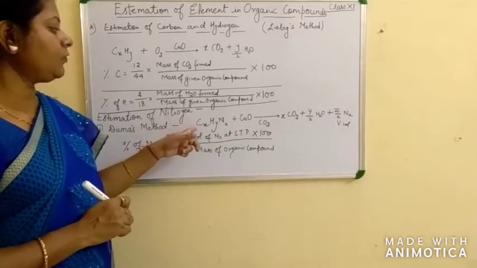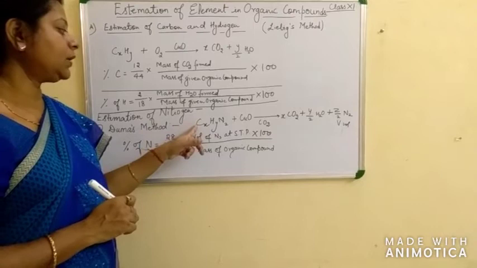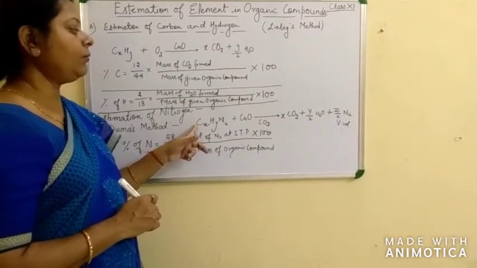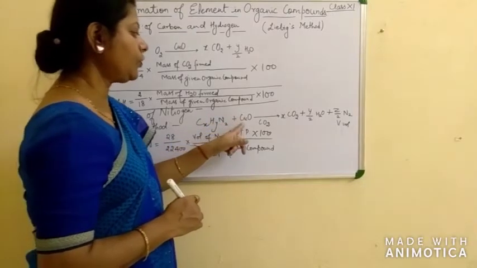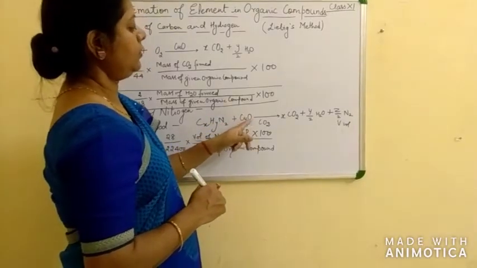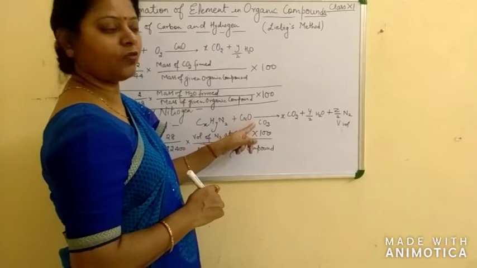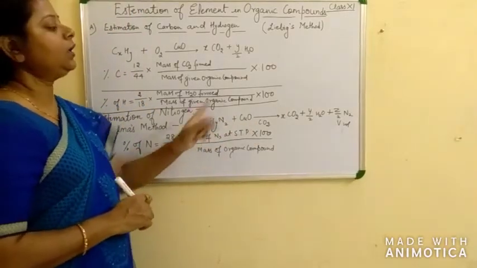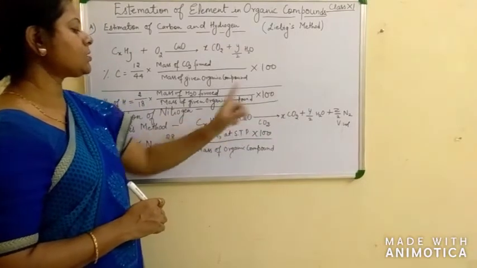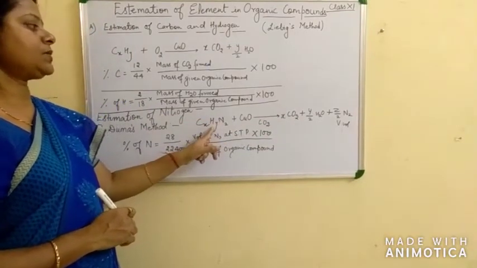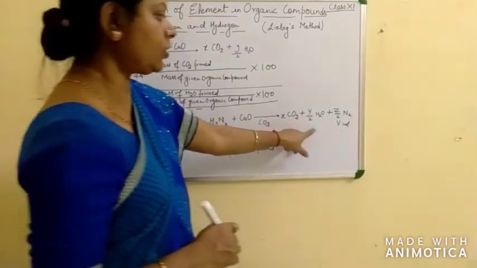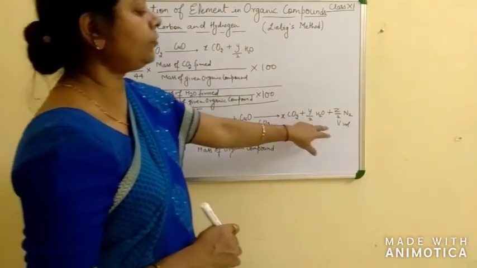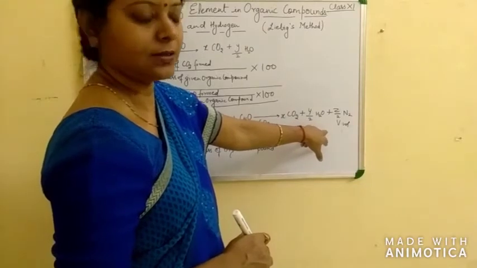So first we have to convert the organic compound into its oxide form by using the cupric oxide in presence of excess of carbon dioxide. All the carbon which is present here converts into carbon dioxide, all the hydrogen which is present here changes into the water molecule, and nitrogen which is present here is converted into nitrogen gas.